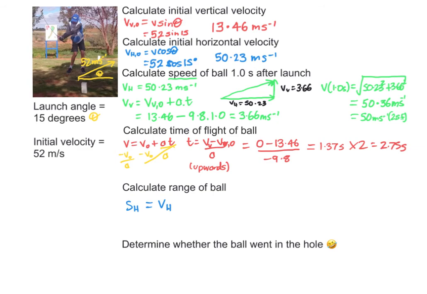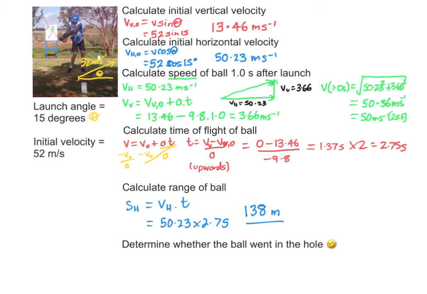We're ignoring air resistance in this question, times by the time of flight. Again, make sure you substitute in. We get 50.23 times 2.75, which gives us a range of 138 metres when we round that off.